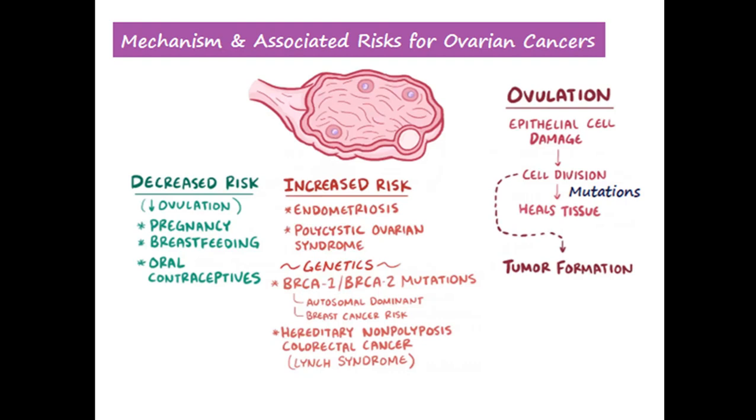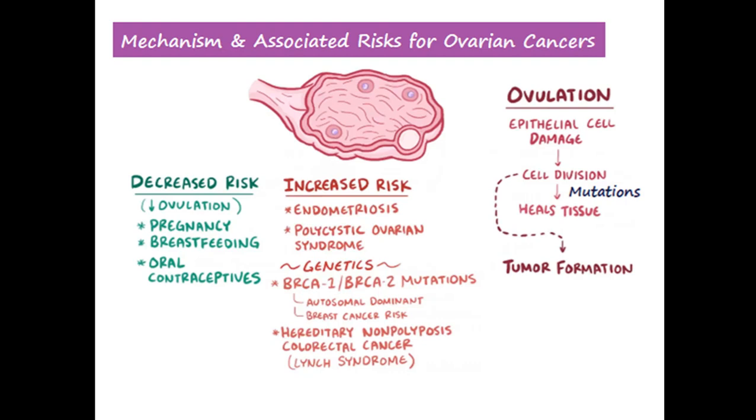So if there are so many ovulatory cycles in a female, there are more chances of cellular divisions and more chances of mutations. And if the genes become mutated during cell proliferation, they can give rise to tumor formation.